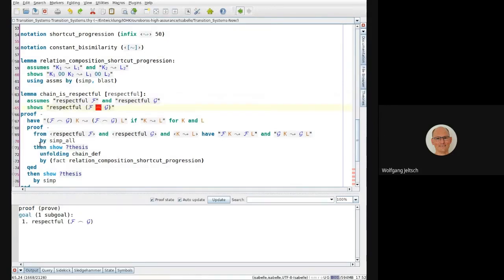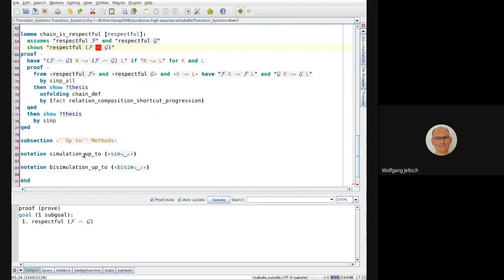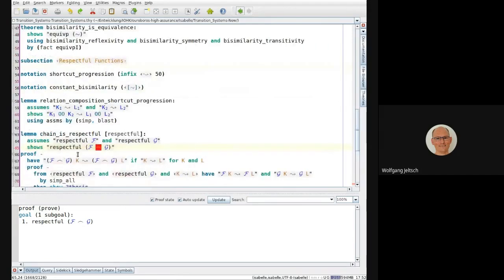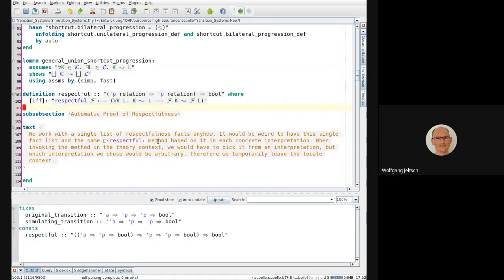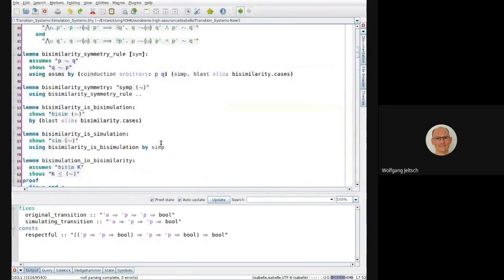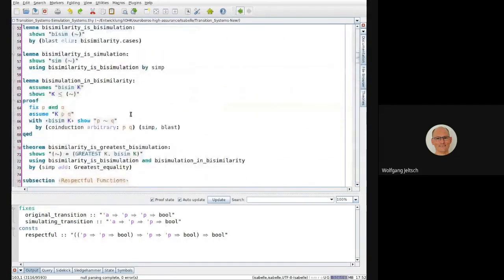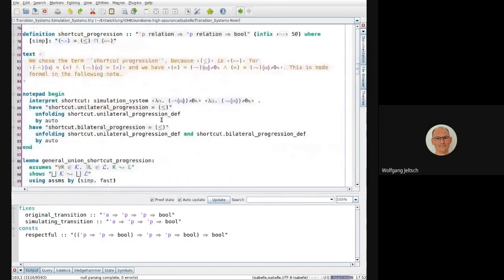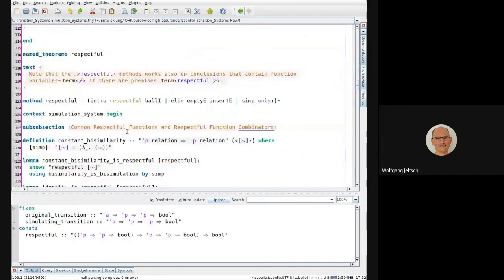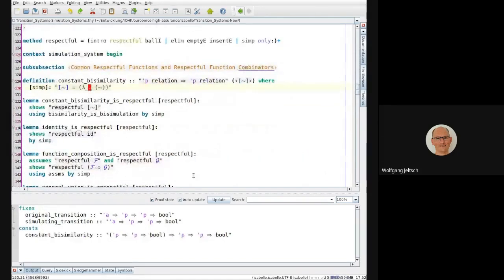And we can also show that constant equality is respectful, but you will discover that I haven't proved that here. And why not? Well, because we already have in the general case the fact that constant bisimilarity is respectful. This here.